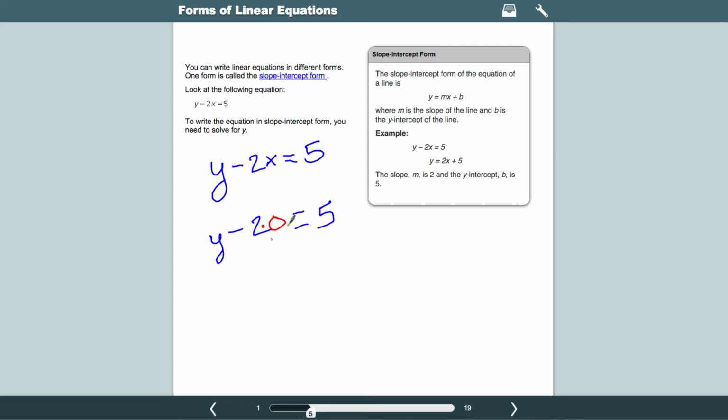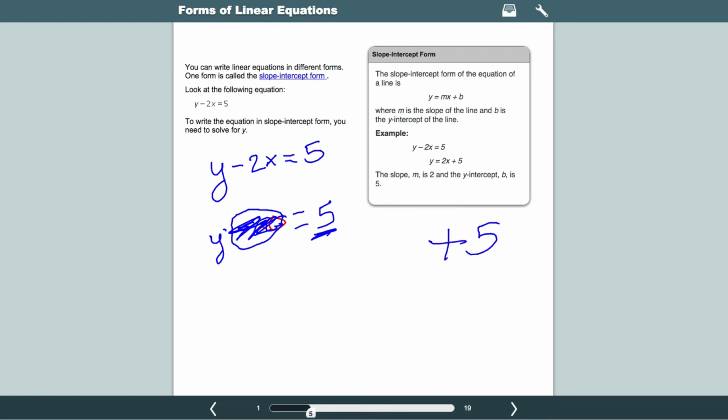What is negative 2 times 0? Negative 2 times 0 is just 0. It goes away. And I see my y-intercept is 5. So when x is 0, y is 5. So I know at the end of my problem, it's going to be a plus 5.